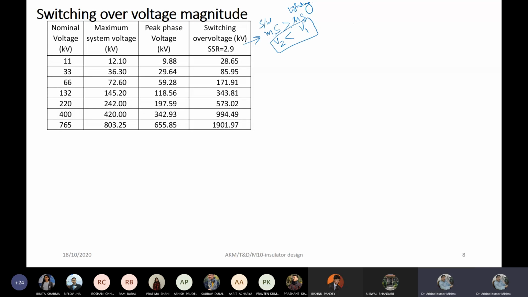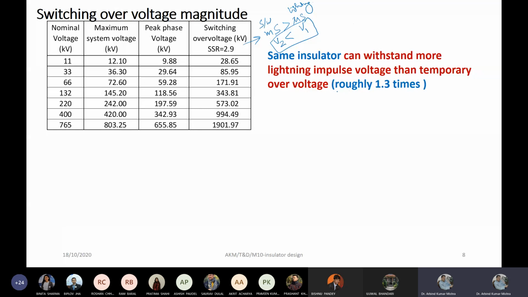That means if an insulator can withstand, say, 100 kilovolt of lightning overvoltage, its withstand capacity for switching overvoltage will be lesser than that 100 kilovolt, because switching overvoltage lasts longer than lightning overvoltage. Roughly, the same insulator can withstand 1.3 times greater voltage than the switching overvoltage.